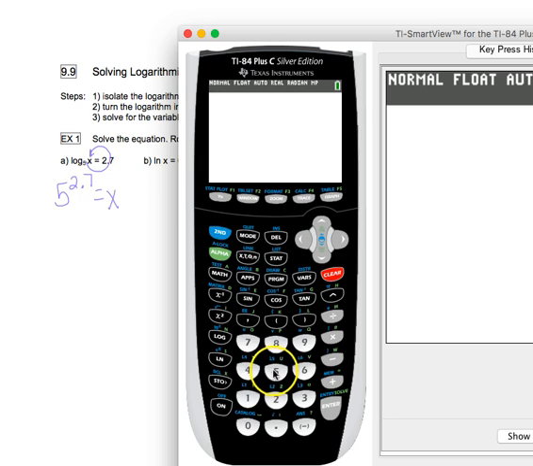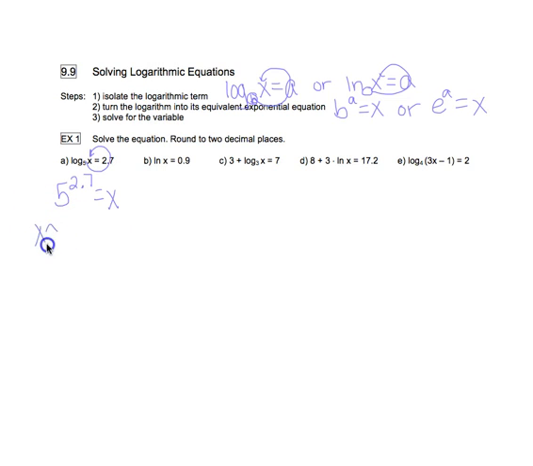So 5 raised to the 2.7 power, enter. And it said round to 2 decimal places. Since it's 1.29, the 9 bumps this up to a 3, so we have 77.13. So x is approximately 77.13, and that would be our answer there.